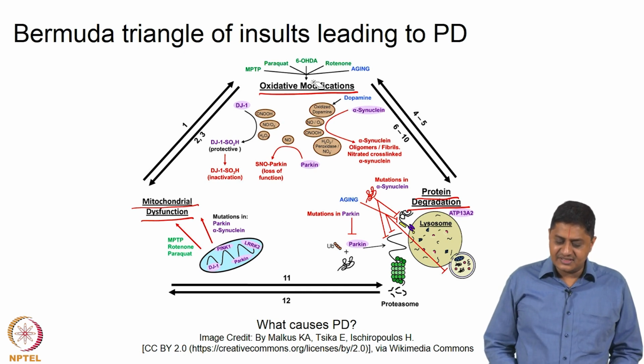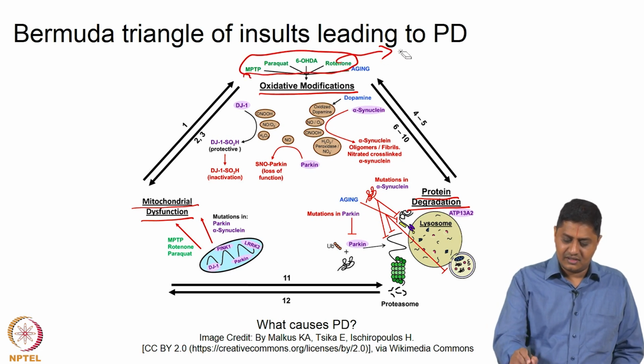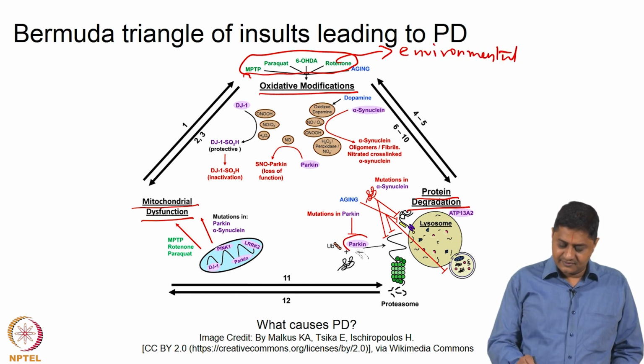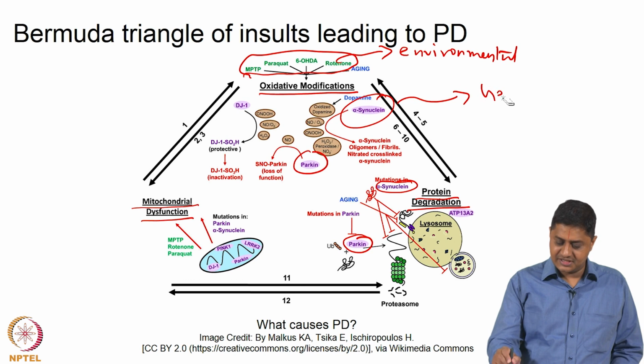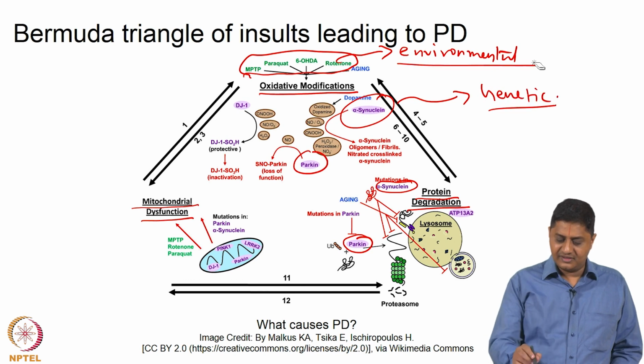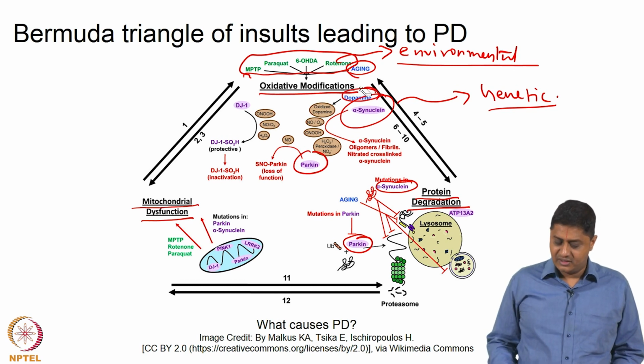Some of these causes, for example MPTP, those that are in green, are actually environmental causes. Some of these causes, such as those in purple here, are actually genetic, and those that are in blue are specific to the particular organism, right.